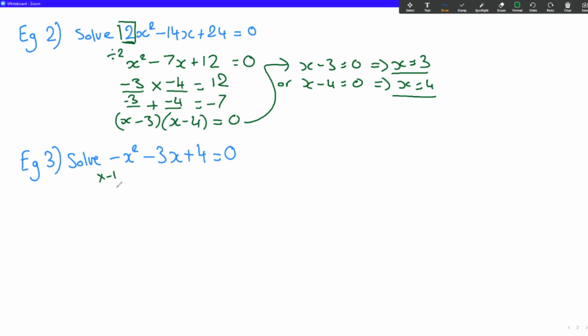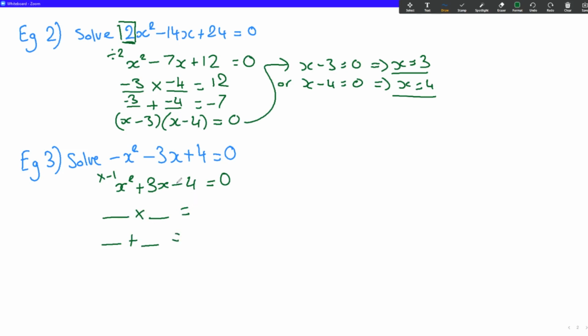So minus x squared becomes 1x squared, which is great because that's what we want. And then minus 3x becomes plus 3x, plus 4 becomes minus 4. And again, 0 and minus 0 are the same. So we just get 0. So now we can, again, solve a much easier quadratic.